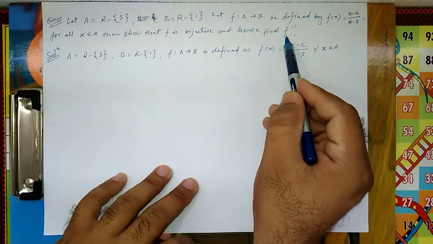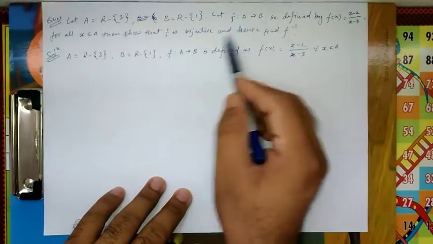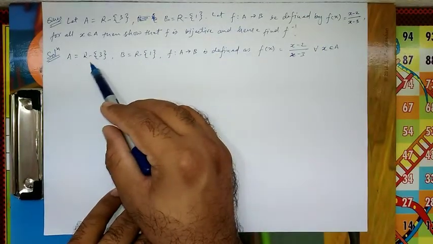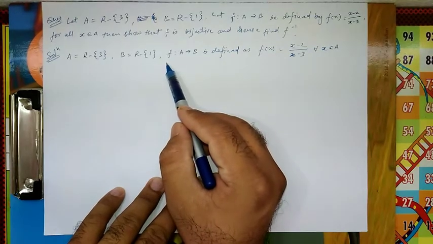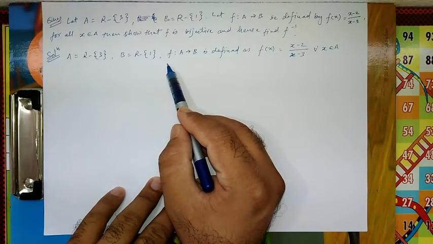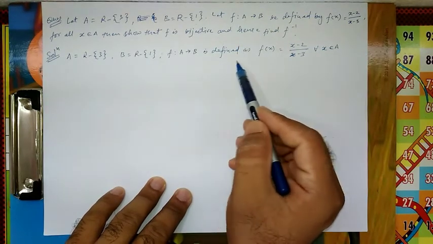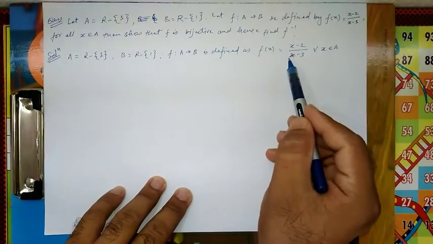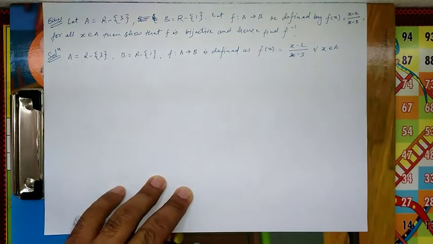So this is the question, and in the solution we have written the same data available in the question, that is A equal to R minus 3 and B equal to R minus 1, and the function f from A to B is defined as f of x equal to (x minus 2) by (x minus 3) for all x belongs to A.